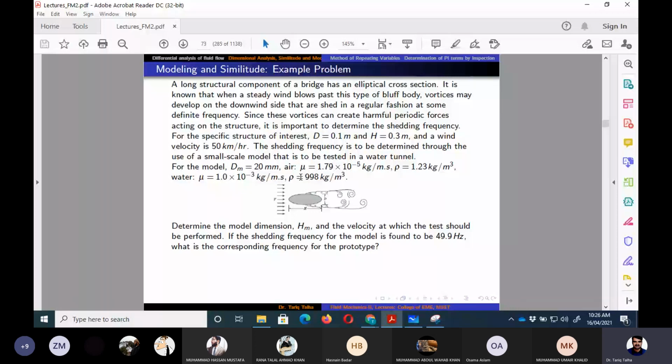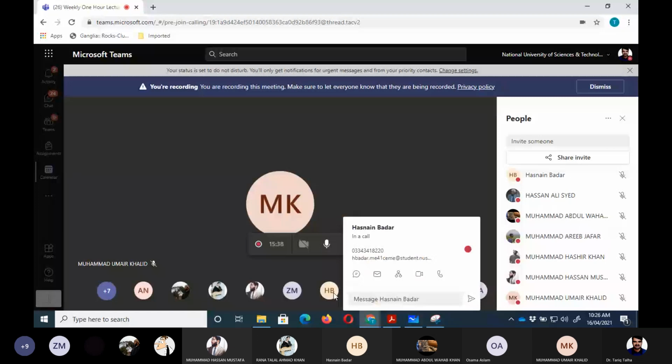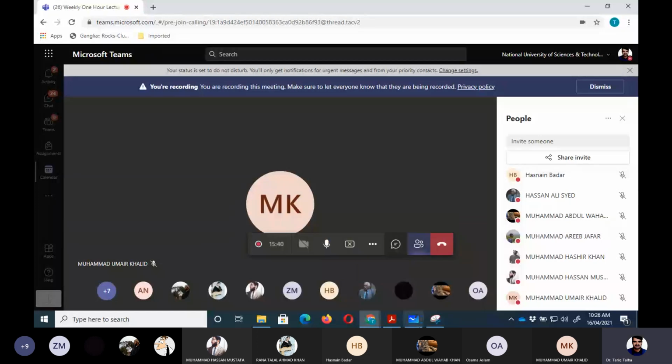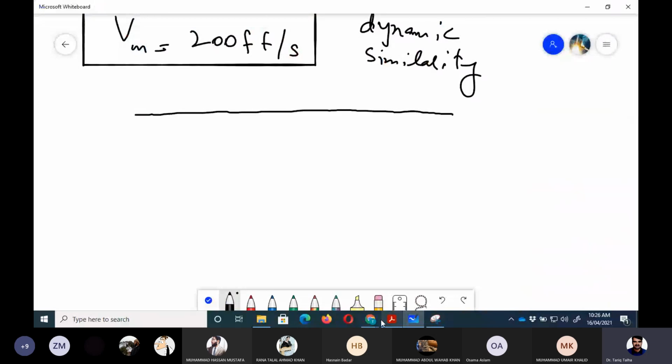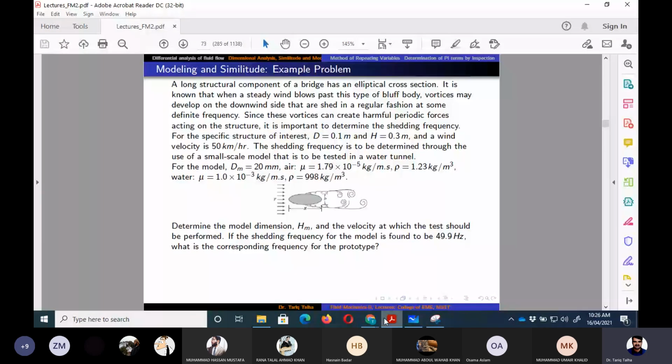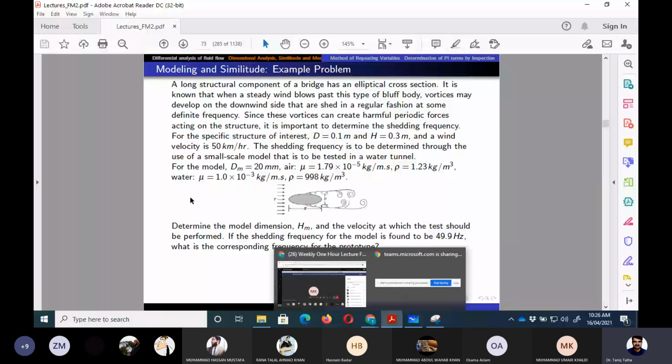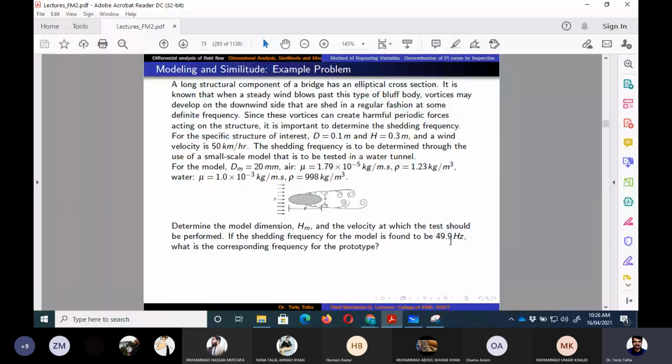First of all, we write the functional form. Any query? Okay, maybe not. So just going back to the lecture, we need to determine the shedding frequency for the actual bridge. As I was saying, first of all we need to determine the pi terms.